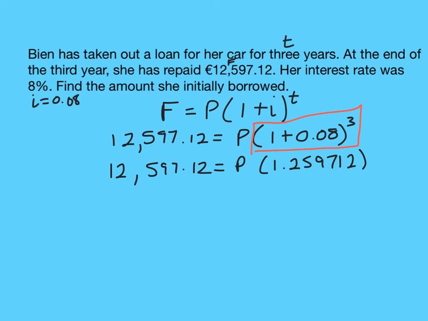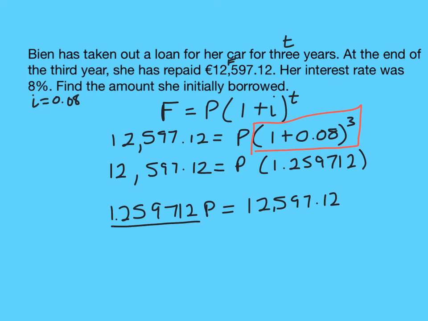That leaves me with, I'm just going to flip them around to make it look a little bit easier. 1.259712 multiplied by P, of course, and that's equal to 12,597.12.